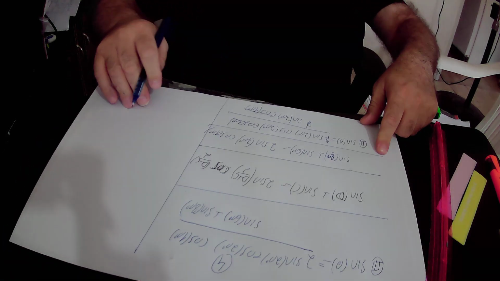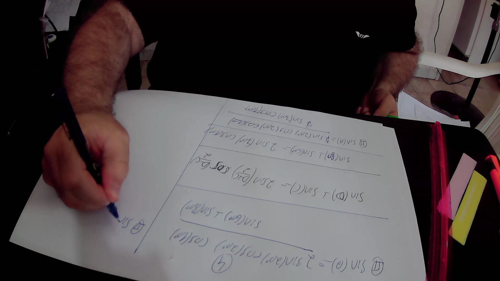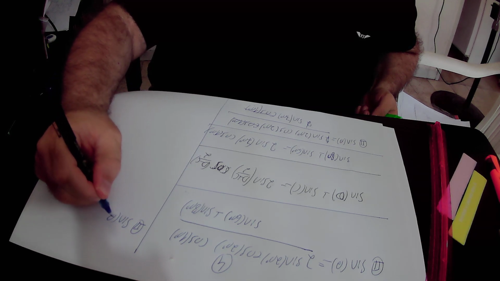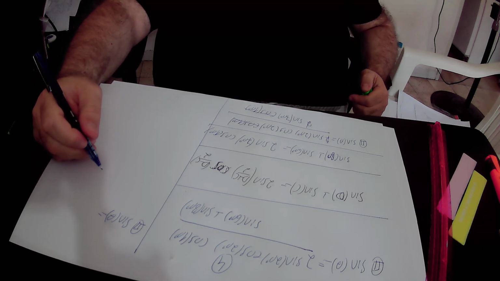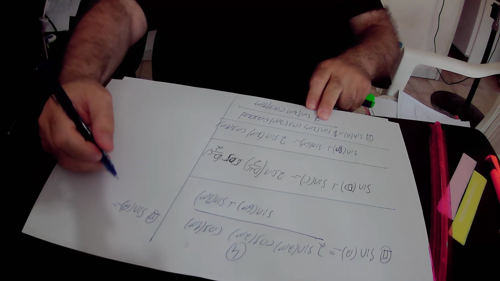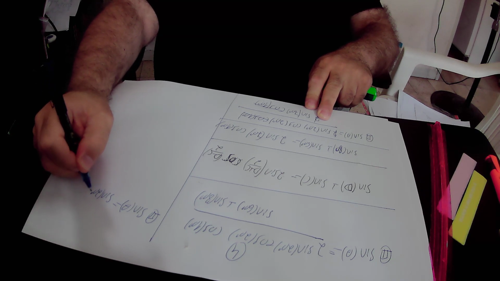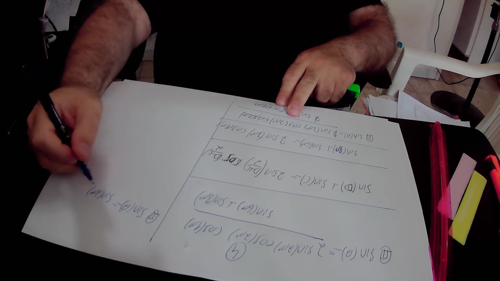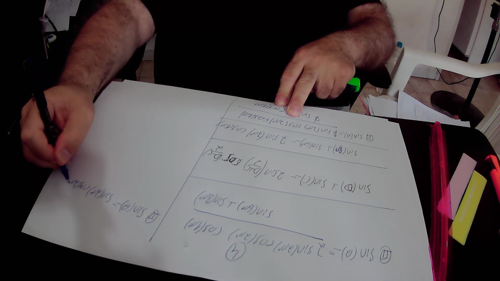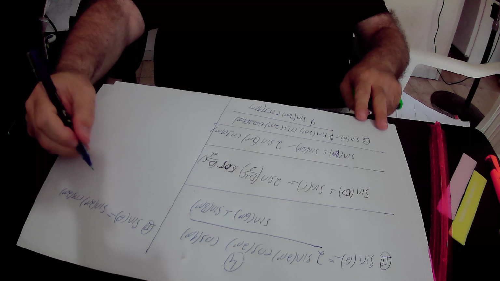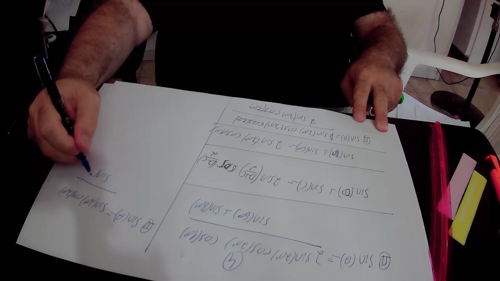And we are left only with, according to equation number 2, sine theta equals sine 20 degrees times cosine 20 degrees over sine 70 degrees.